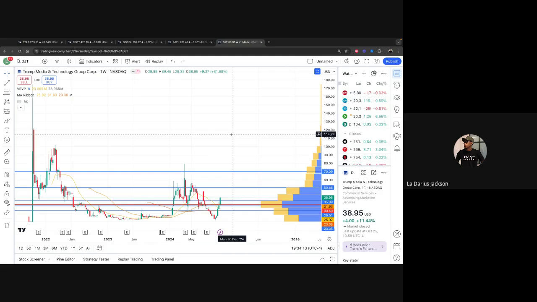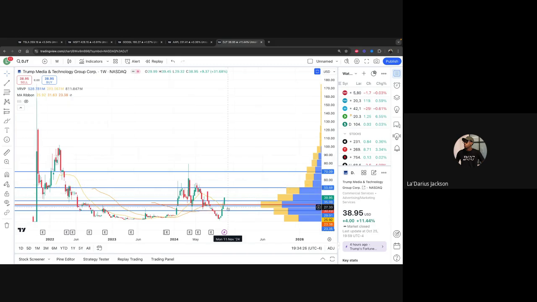This is a controversial stock. This is Trump's stock. I wanted to cover this one because I know that it gets the wheels turning, and some people like to trade the stock because they know that regardless of what Trump says, this is a way for people to make money.